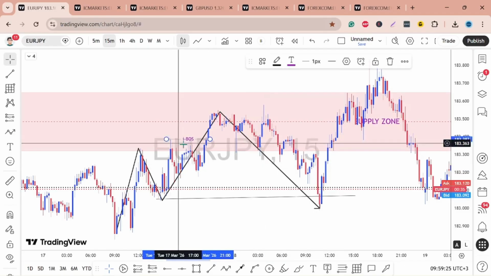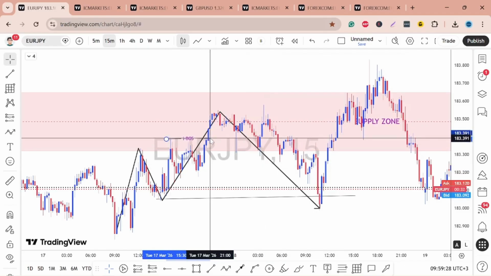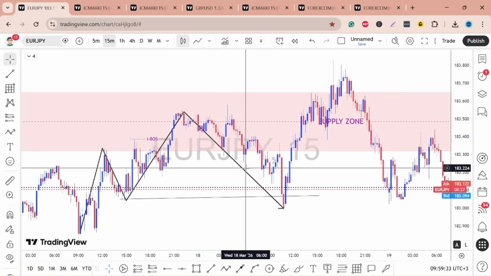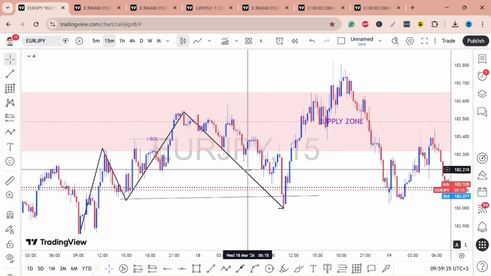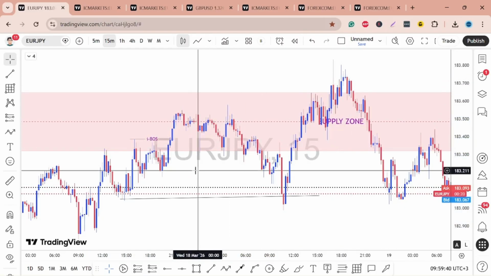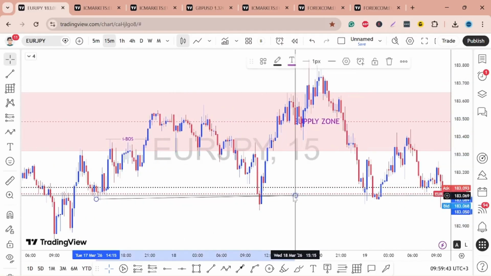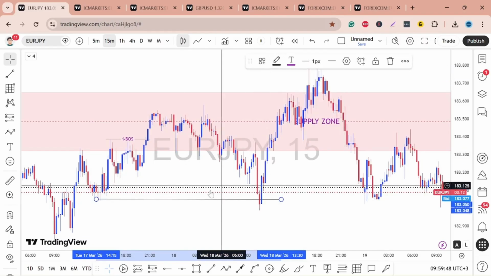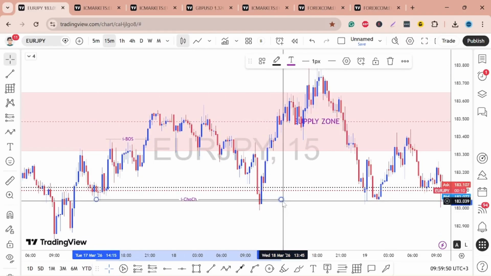The I represents internal. Once that last swing is broken, that is what we call the change of character. By now you should know that this is the internal change of character.